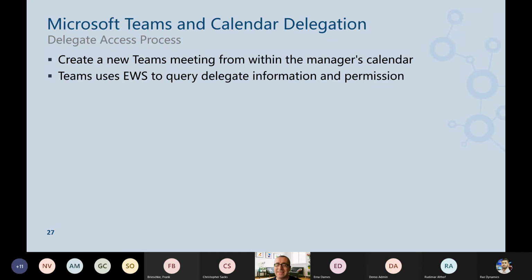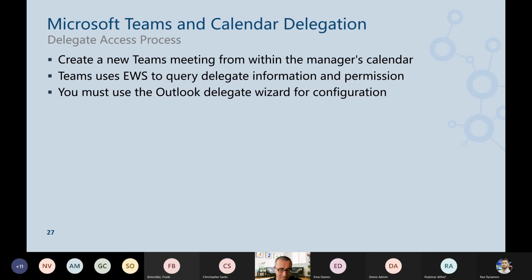It does not work from within the Teams client, because you normally see just your personal calendar. But if you open the calendar of a manager as a delegate, you can simply create a new Teams meeting. And again, we will see how this process then works.